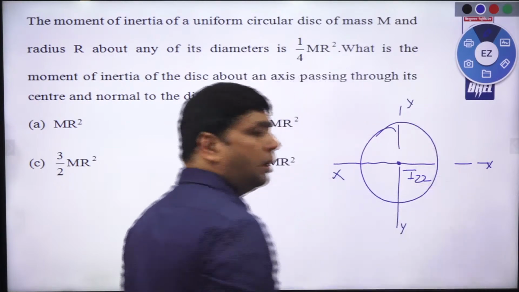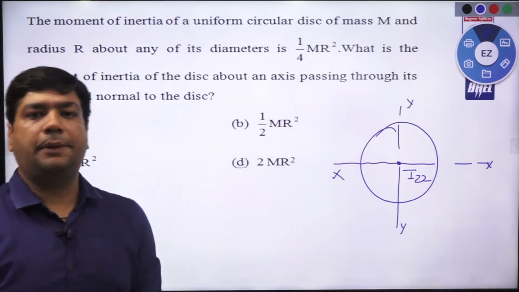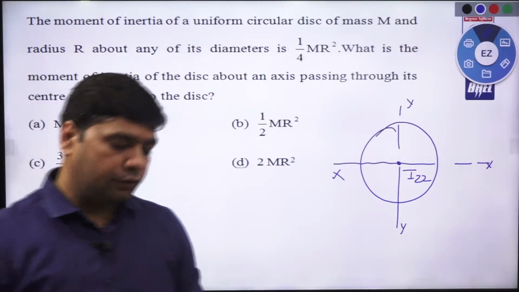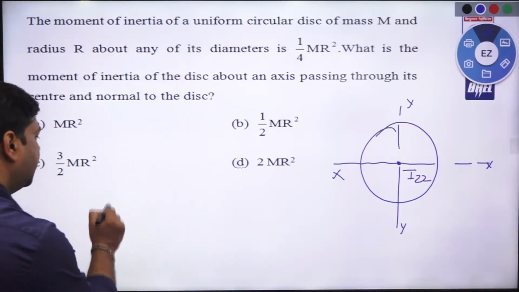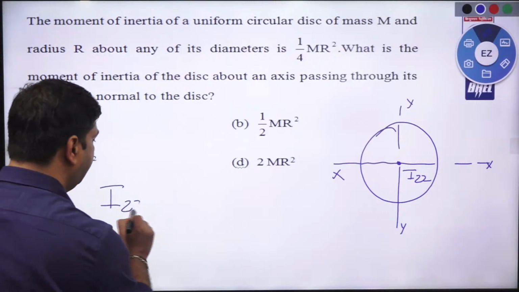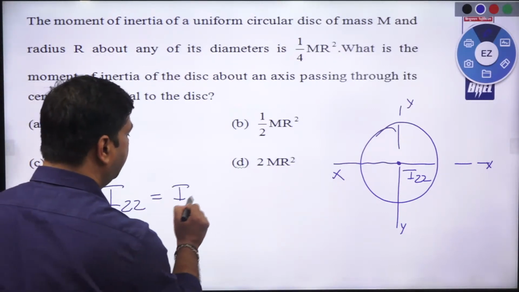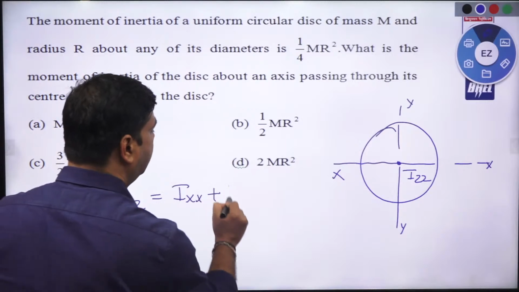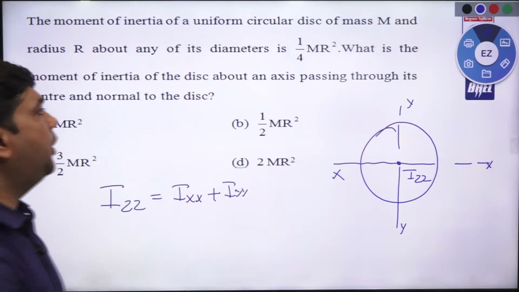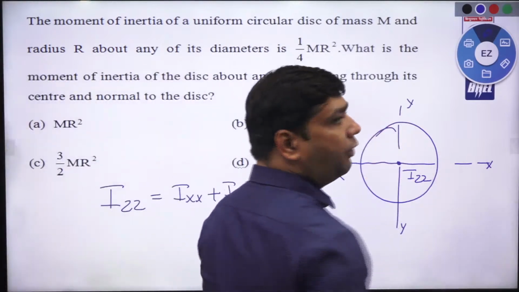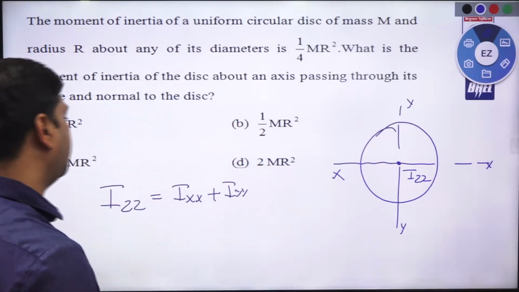So we have two theorems here: the perpendicular axis theorem and the parallel axis theorem. Here we are using the perpendicular axis theorem, that is I_zz equals I_xx plus I_yy. This is a circular section, and the moment of inertia is given about its centroidal axis, so I_xx and I_yy are both equal.